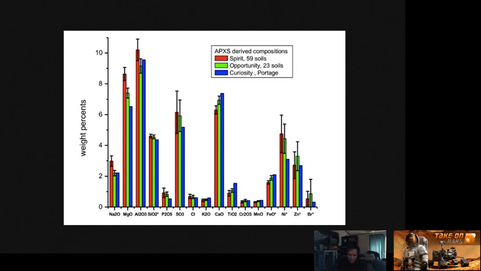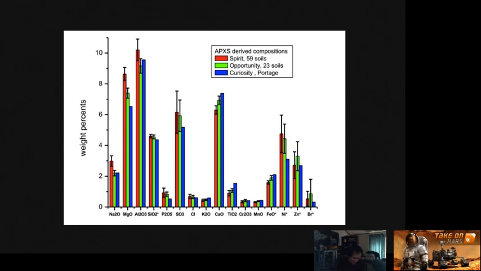Nickel is at 30%, which is not even on this list here. And zinc is at 20%, which is also not on the list. Titanium oxide is 5%.